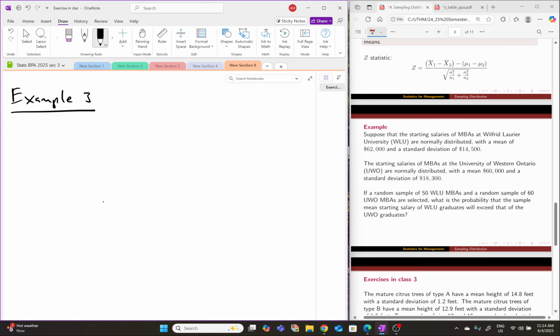When you read this one, you can read yourself, and once you read, you have to do a table like this. Easy for you to answer.